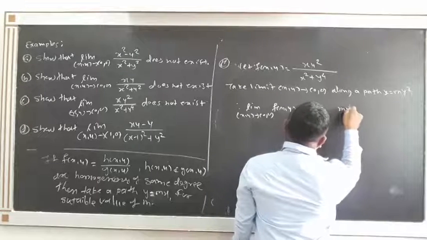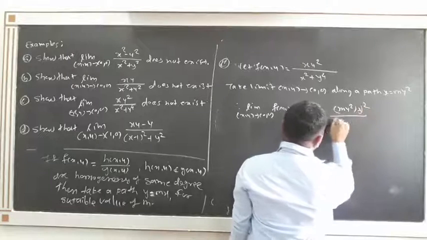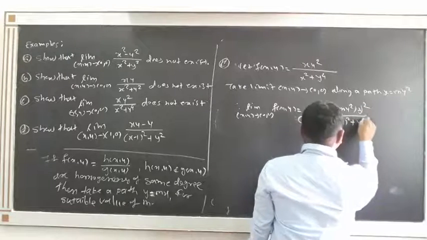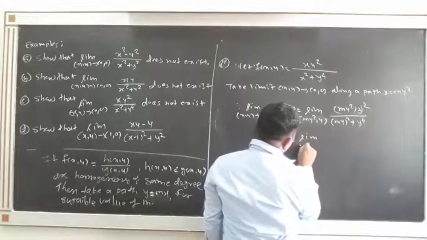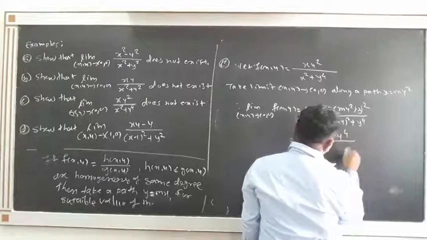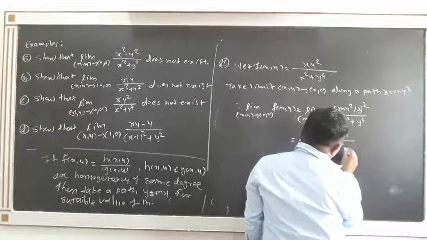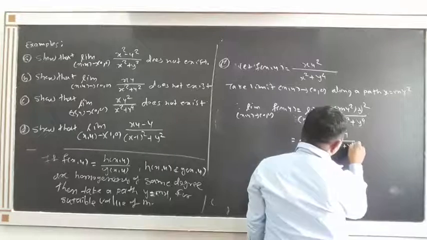Here is my square y square upon my square plus y raised to 4. So what should be this? Limit y tends to 0, my raised to 4 upon m square y raised to 4 plus y raised to 4.